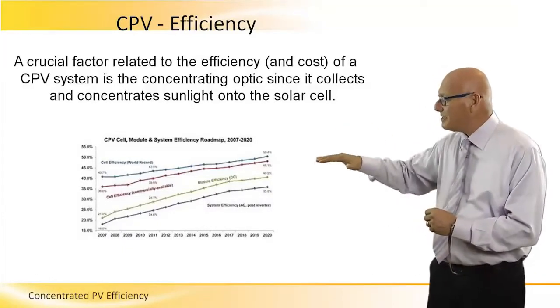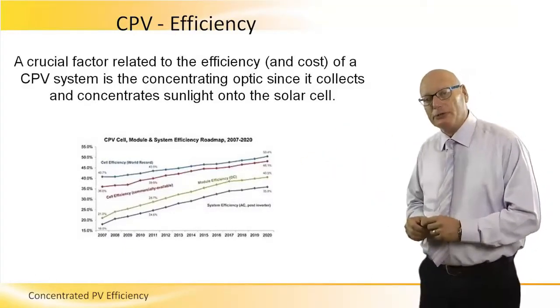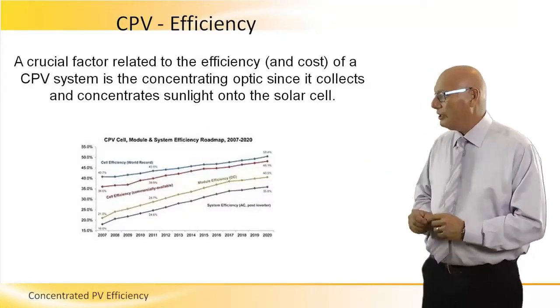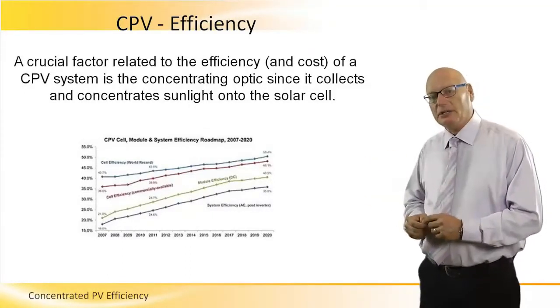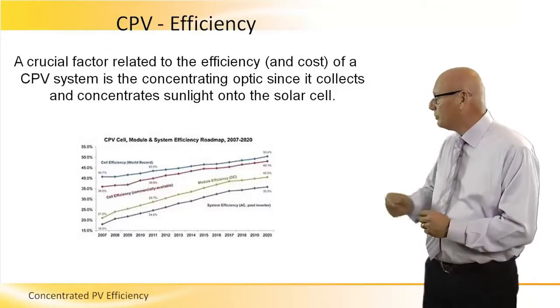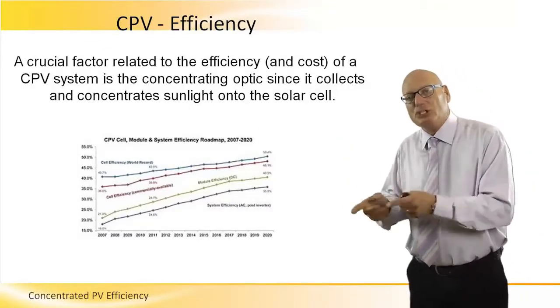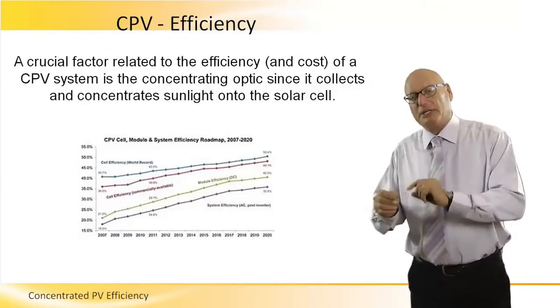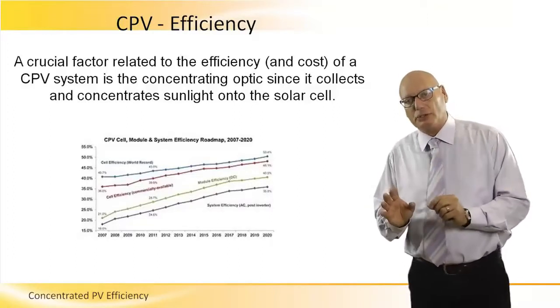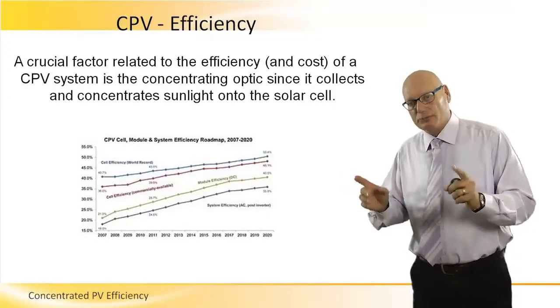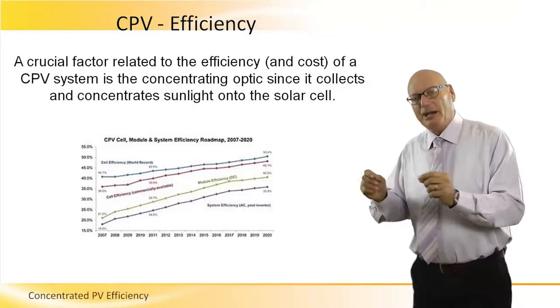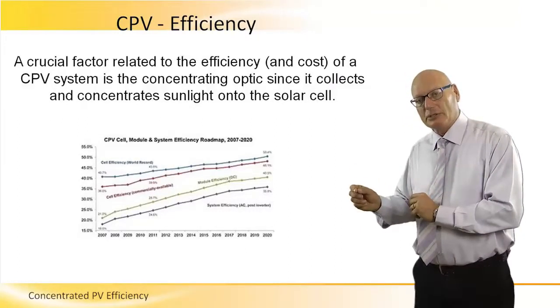A CPV system level, the dark blue graph, will be even lower. It starts from 19% and goes up to 35%. Still much better than polycrystalline, monocrystalline and thin film technologies. They cost more, but have much higher efficiency.